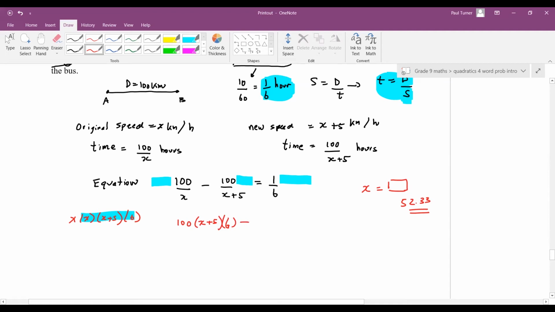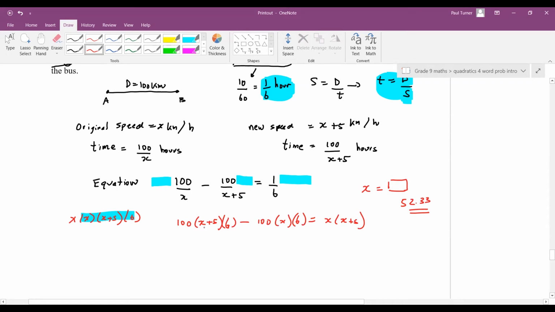Okay, and then we've got minus. So multiply that in here. The x plus 5 will cancel. So we'll get 100 x 6. Okay, and when I multiply that here, the 6 would cancel. So I'll be left with x plus 5. Like that.